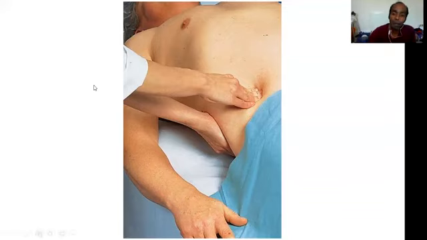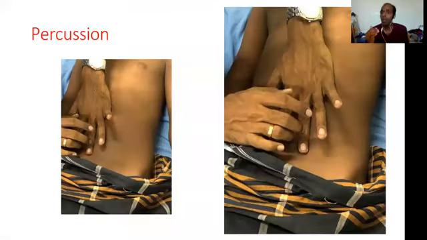Now, we talked about inspection. We talked about palpation. So palpation, two components. You have your superficial palpation for any tender points, and then your deep palpation for organomegaly, that is specifically the liver, spleen, and kidneys. Then we move on to percussion.